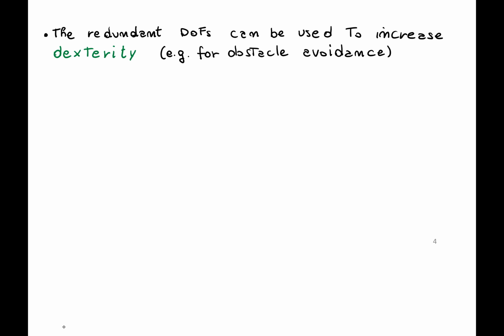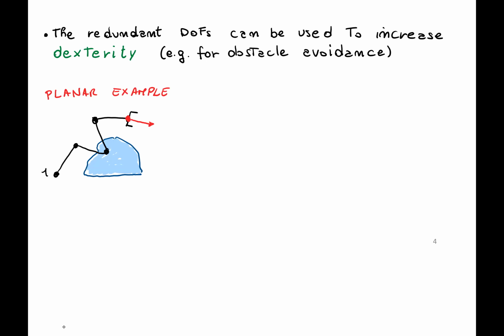Then what can we do with the redundant degrees of freedom? We can use them, for example, to increase the dexterity of the robot, for example, for obstacle avoidance.